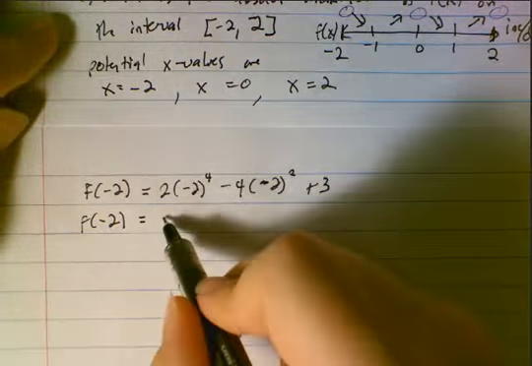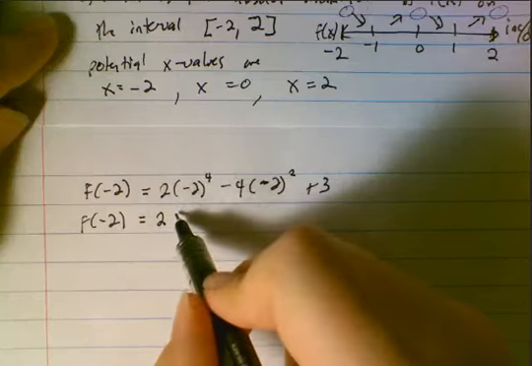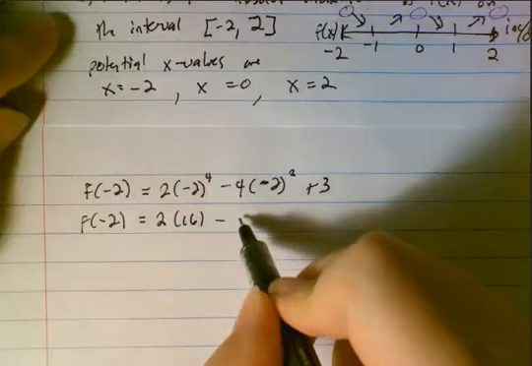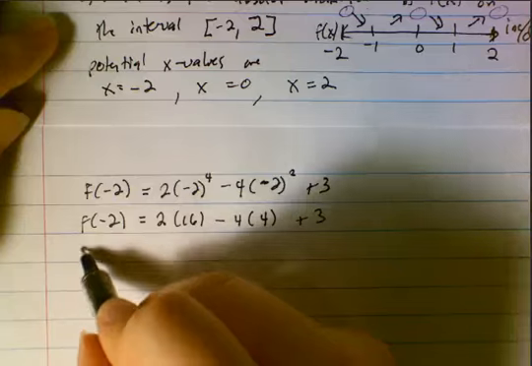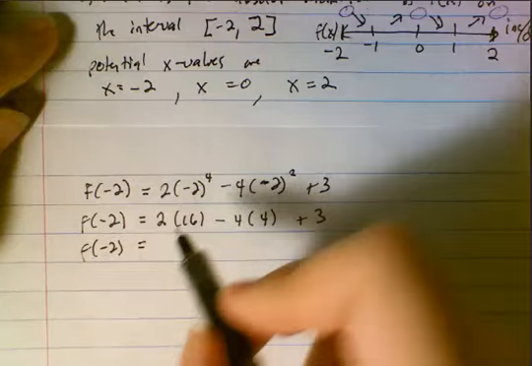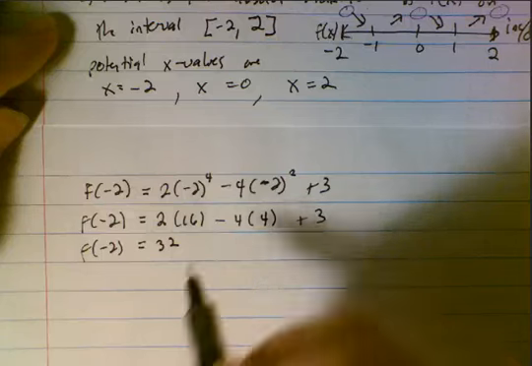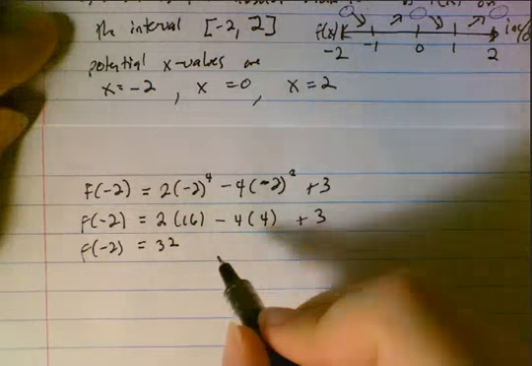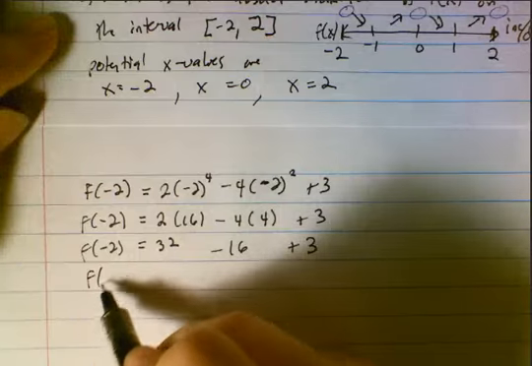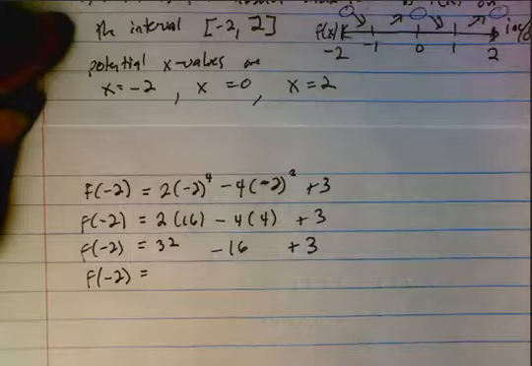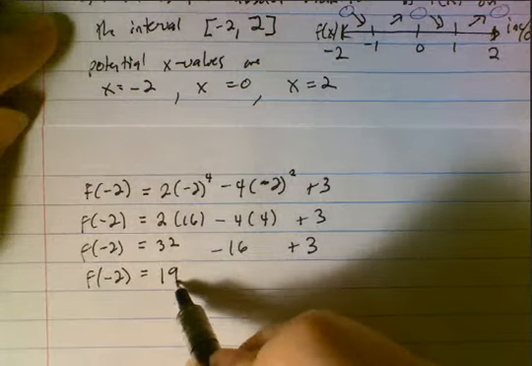So f of -2 equals 2 times 16 minus 4 times 4 plus 3, f of negative 2 equals 32 minus 16 plus 3. When we subtract and add that, we should get 19.